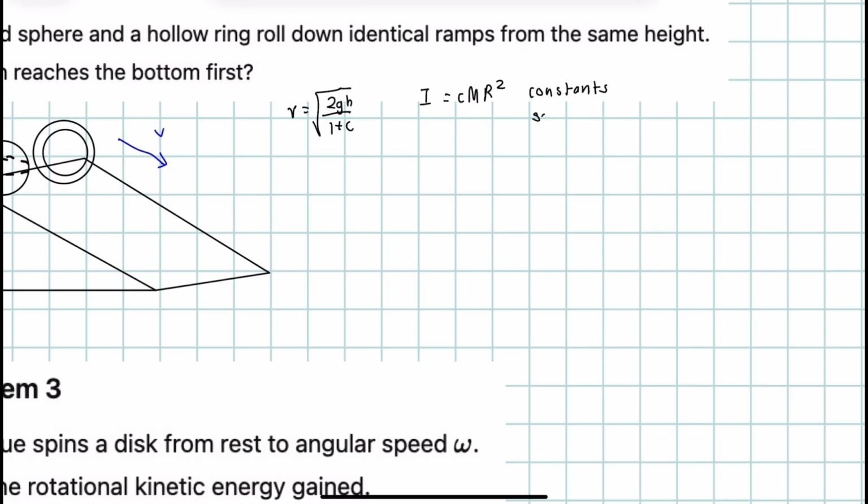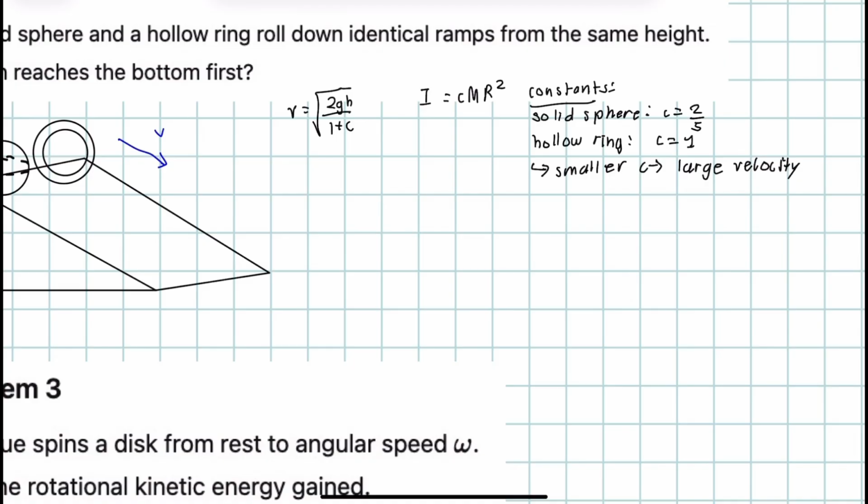We know that for the solid sphere, c is equal to 2/5, and for the hollow ring, c is equal to 1. Therefore we can conclude that a smaller c will result in a larger velocity.